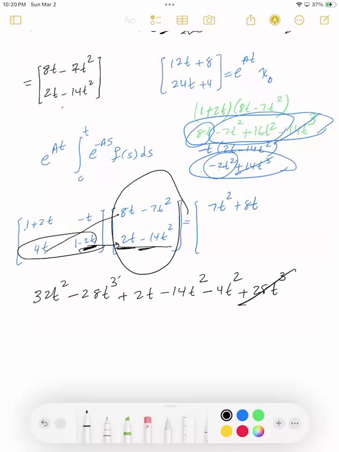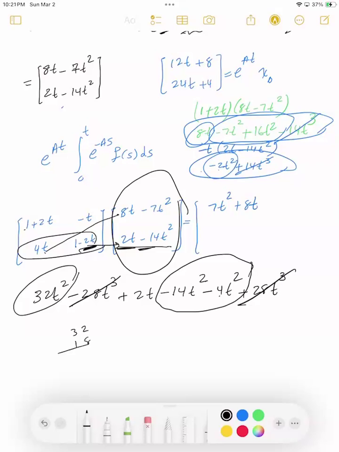Again, these are gone. And then these are like terms. I have minus 14 and minus 4 is minus 18. 32 and subtract 18, I get negative 14 t to the power 2.